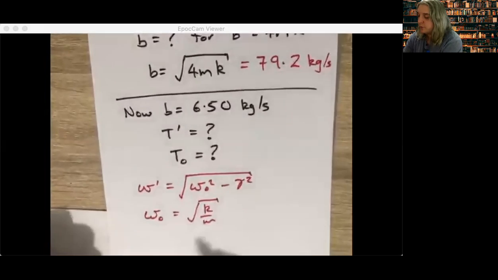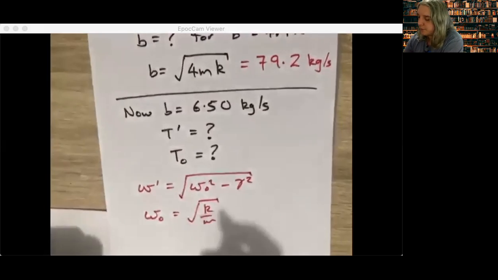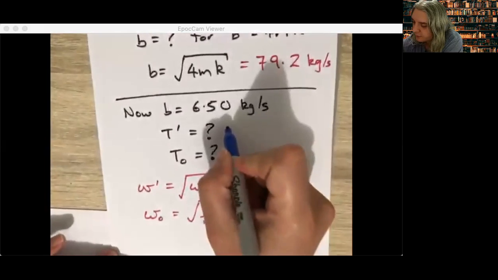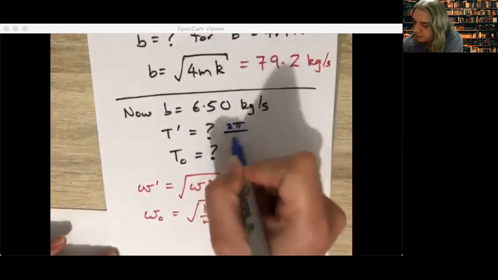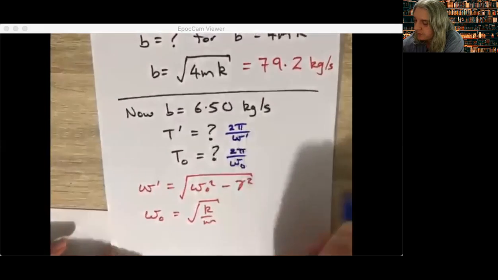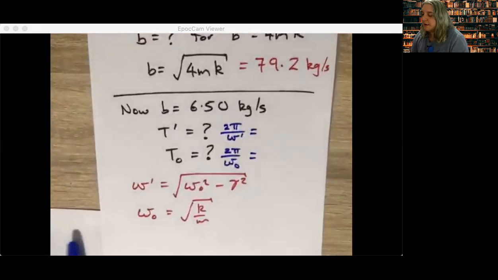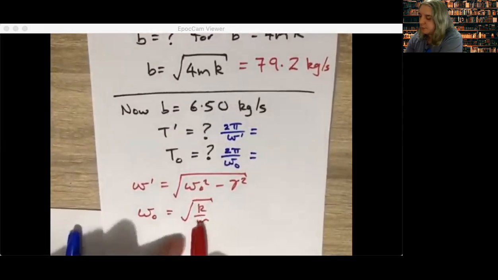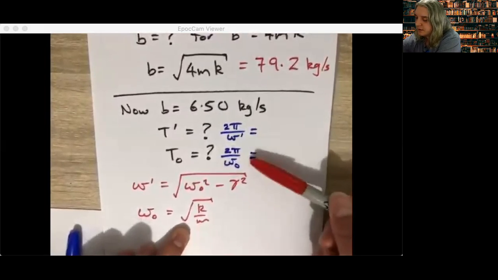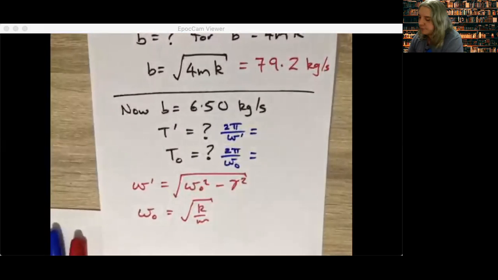We've got to calculate the angular frequency first, and then we remember that the period is equal to 2 pi over omega, so omega prime for one and omega naught for the other. If we figure out omega naught, that'll give us T naught, but also let us put it in for omega prime. So we'll do that one first.